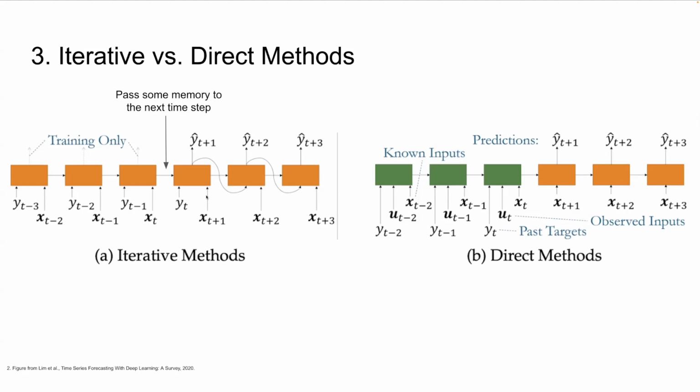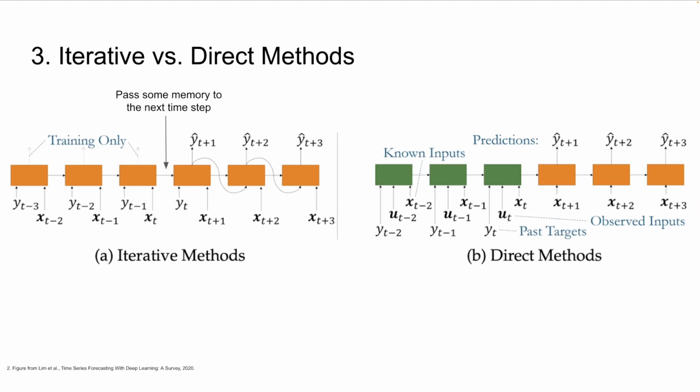But for very short forecast horizons, the iterative method actually works quite well because we don't have the error accumulation issue. And we can also generalize this iterative method to allow it to predict an arbitrary number of time steps.